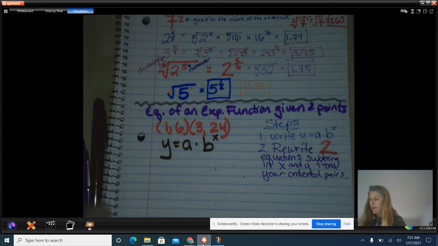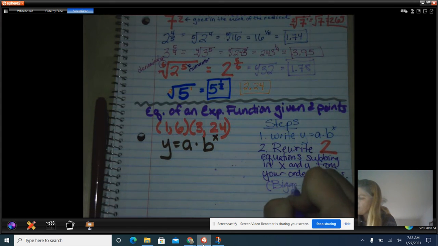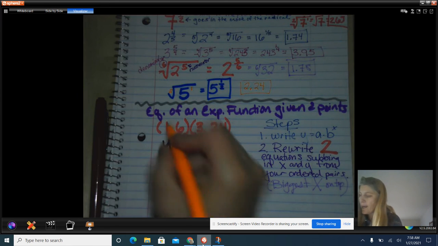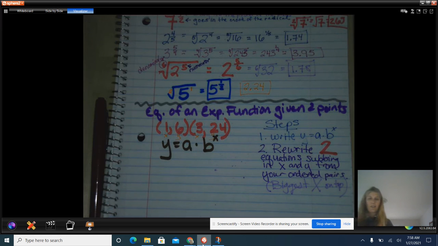And just to make things easier, we always start with our biggest x on top. And you'll understand why in a minute. So as always, I like to write my x, y under each of my equations, so I don't forget which is what. That's a silly mistake to make, and just writing x, y will eliminate that.